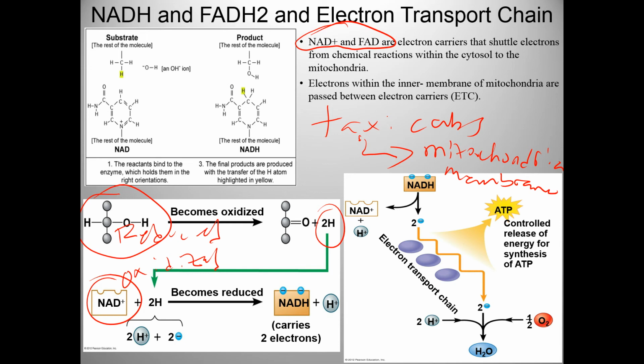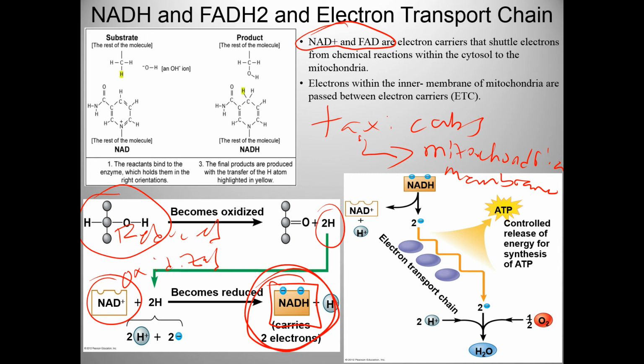NAD+ accepts the electrons, and it becomes reduced. Now when it's reduced, it's referred to as NADH. So now NADH shuttles the electrons to the mitochondrial inner membrane.